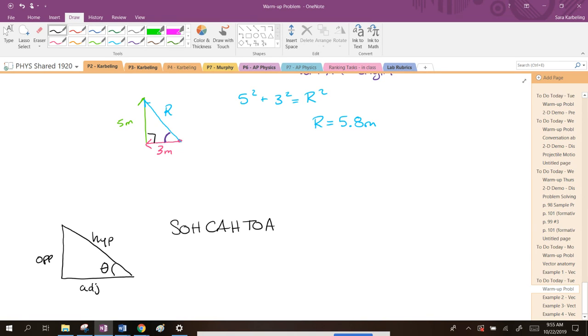This funny word, SOHCAHTOA, what does it mean? What does it stand for? Why do we have it? Do you know? Do you need a moment to talk to your table mates and get a good sense of that? Or no? Melissa, what does it mean? Sine, cosine, and tangent. That's what the S, C, and T stand for, right?